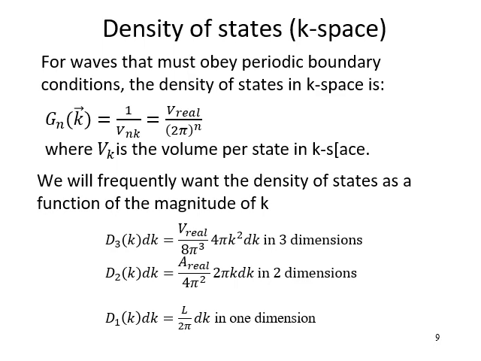So to summarize and put it in a tighter format, for waves that have to obey periodic boundary conditions, the density of states in K space is 1 over the volume occupied by one state in K space. I've put an n here because I'm going to indicate the dimensionality of the problem.